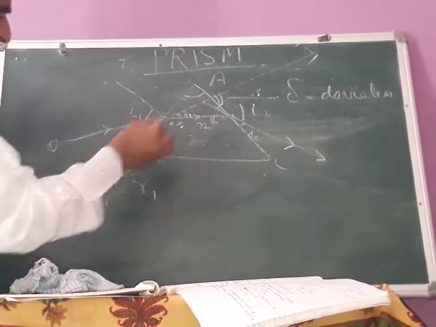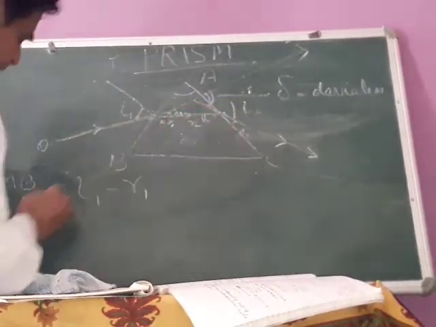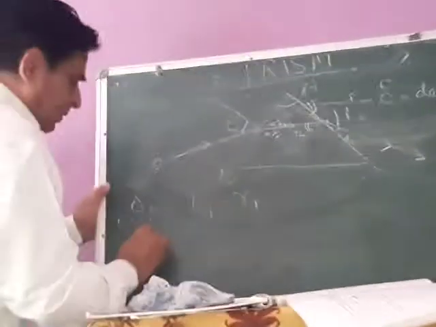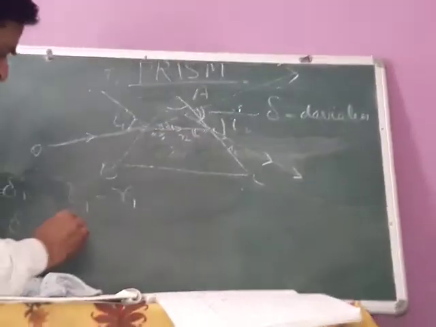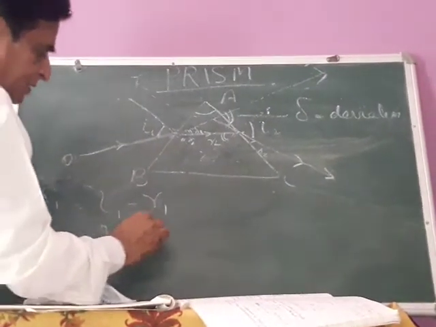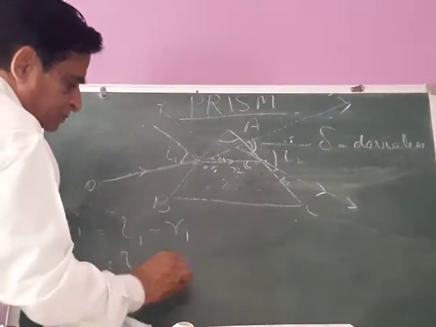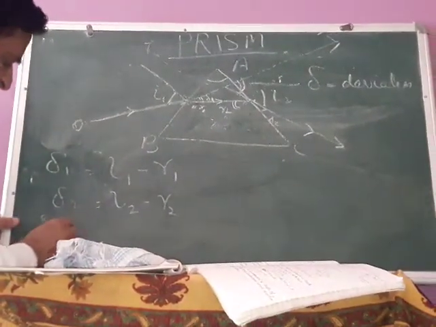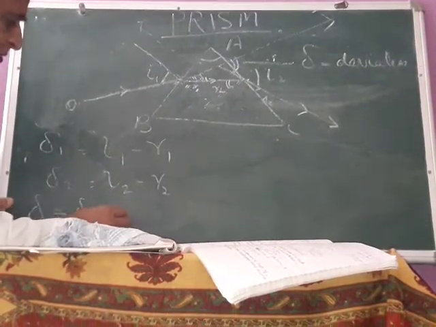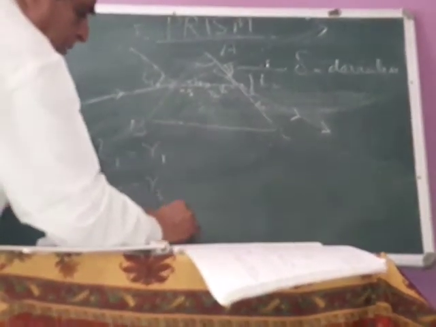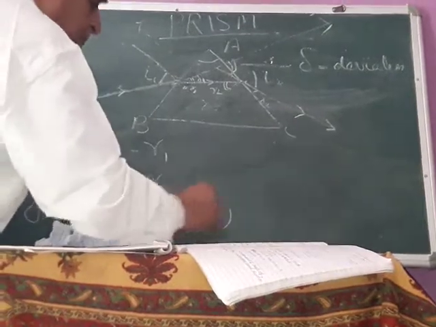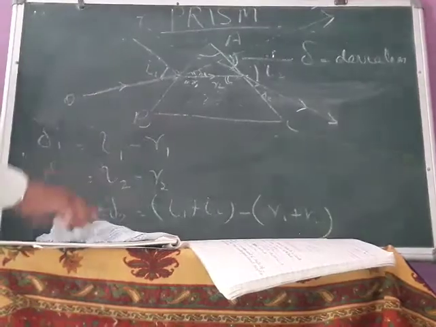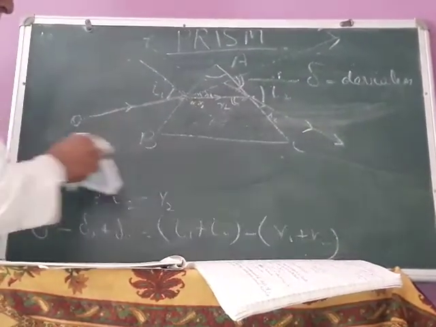Similarly, delta 2 is I2 minus R2. Total deviation is how much? We add these up. Total deviation is delta 1 plus delta 2, which means I1 plus I2 minus R1 plus R2. We will remember this and we will see how it comes out.